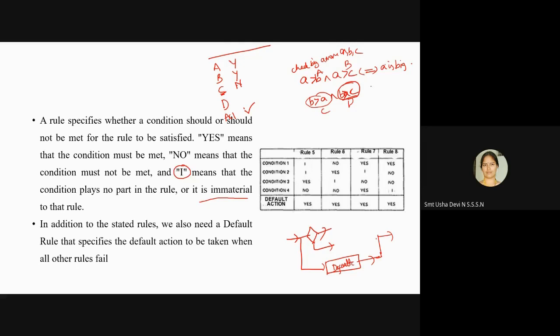Whatever may be the result of B greater than C, it doesn't matter in this case. A greater than B is true, A greater than C is also true, and B greater than A is not happening there. And what about the D condition? It can be true or it can be false. Doesn't matter. So it takes the value I. I hope you understood now.